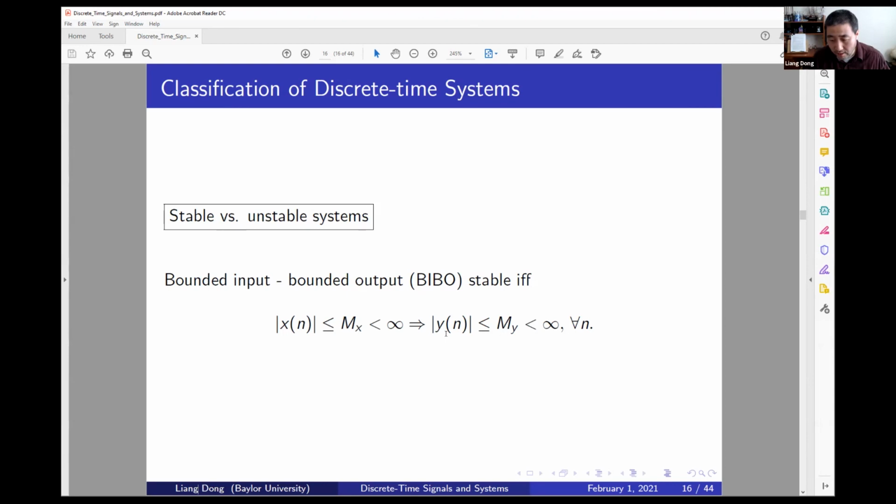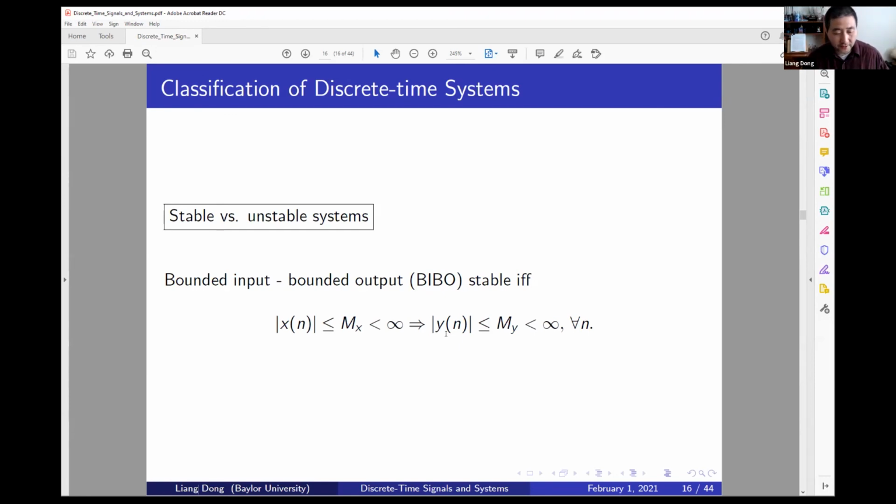Should all systems look like that? Or when will it be unstable? Unstable by definition means that if you're dealing with all finite signals, somehow you get an infinitely large output, and basically your system just blew up. What are the cases where I have an unstable system? We got a bounded input, but somehow got an unbounded output.